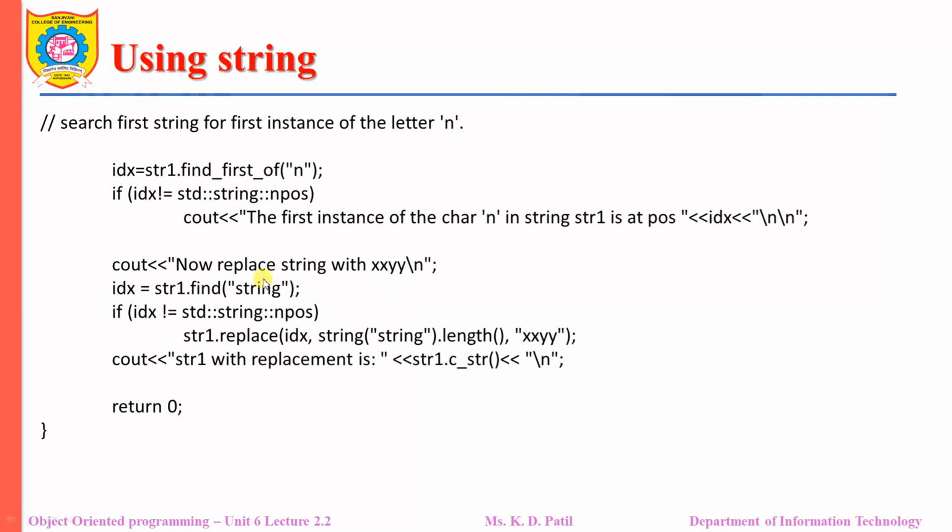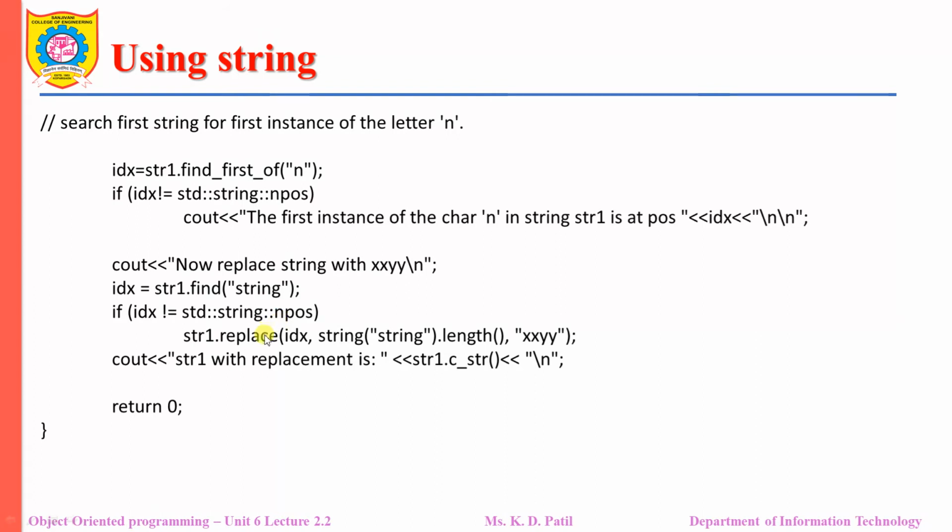So I just need to check whether that string is available in my main string or not. In our case, that string, that is the word string, is available in our main string. So I will use the find function to find out that string word. Now in our case it is available.